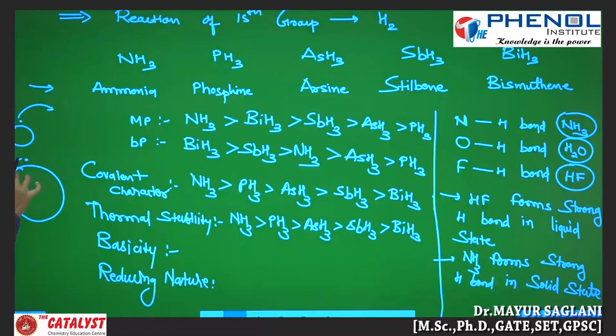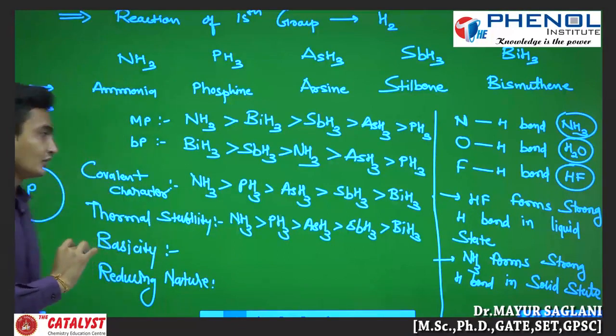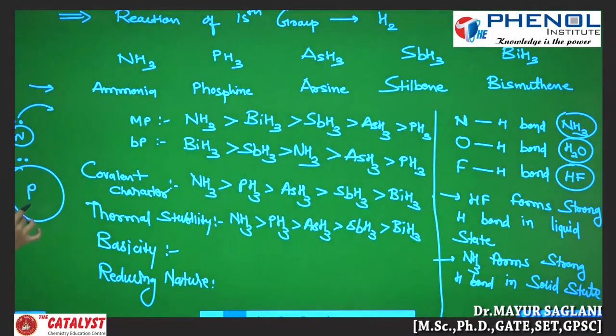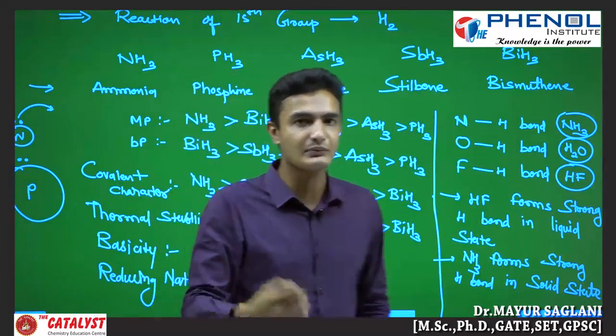Now if you see the phosphorus molecule, there is one lone pair, but the size of phosphorus is larger than the size of nitrogen. So nitrogen has a smaller volume with 2 electrons, and phosphorus has a larger volume with 2 electrons. So charge density decreases. Fine. Charge density decreases, and that's why donation of the lone pair will not happen in the case of arsenic, antimony and bismuth.